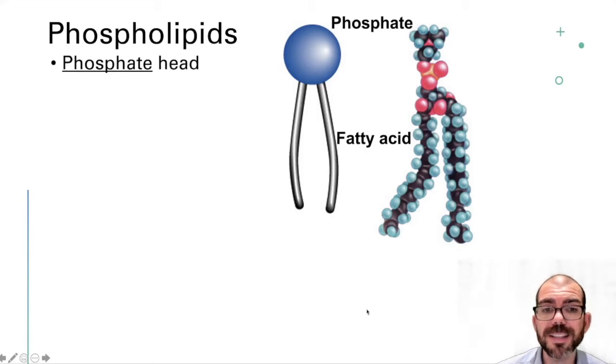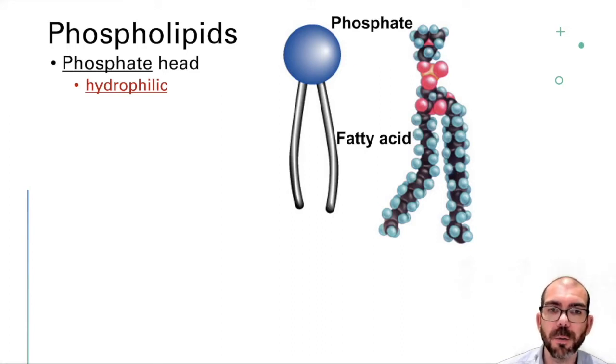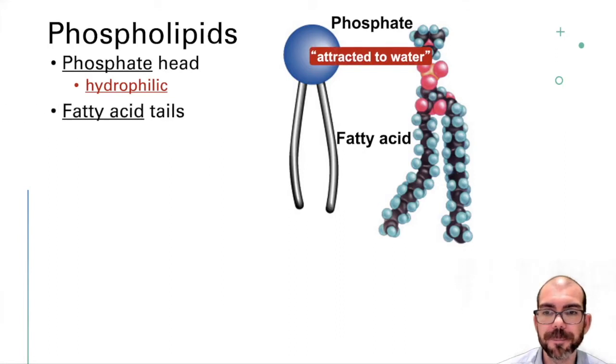The first part is a phosphate in its head region. Sometimes it's signified by a circle in the simplified model, and you can find it at the top of a more accurate molecular rendering. That phosphate head is polar, and that makes it hydrophilic, or water-loving. That's the portion of the membrane that will be attracted to water.